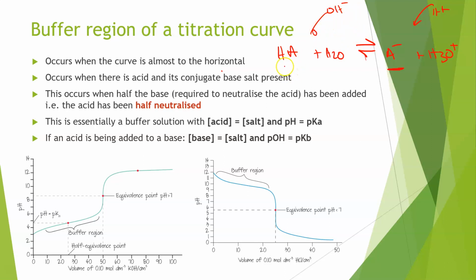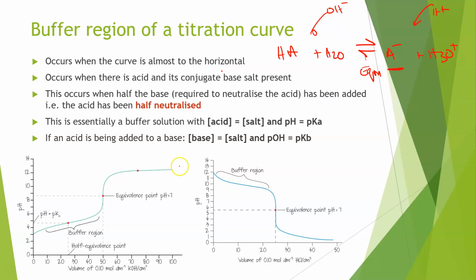Will remove H+ here, forcing the equilibrium back. So because this is an equilibrium position, if we have a sufficient amount of both the acid and its conjugate base, then it can absorb slight changes in OH- or H+ being added to the system by shifting the equilibrium.